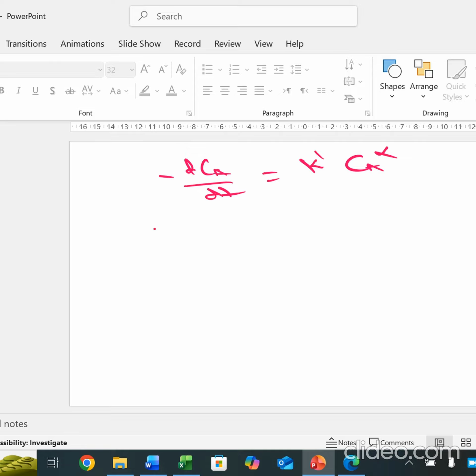We don't know alpha. That's what led us here. So that's why we have to linearize like this: ln of minus dCA/dt equals ln K prime plus alpha ln CA. Because we are not sure of the value of alpha, we cannot integrate it under the CA. That's what led to all the routes we have followed in order to obtain our rate data and finally design our CSTR.